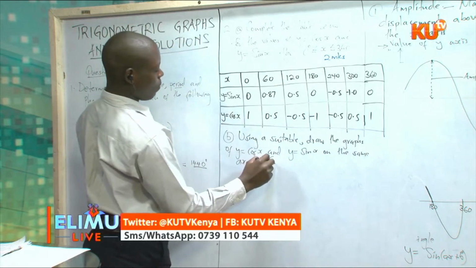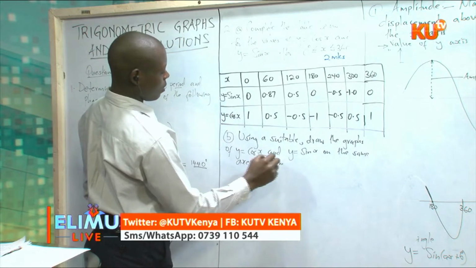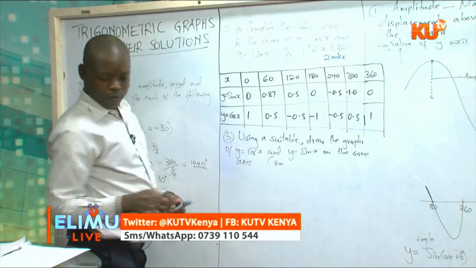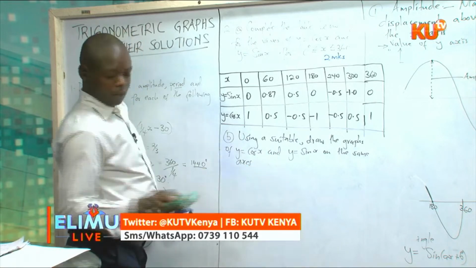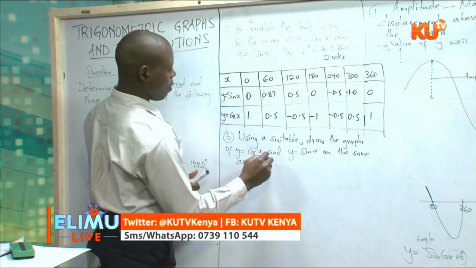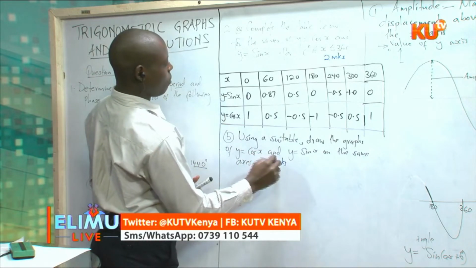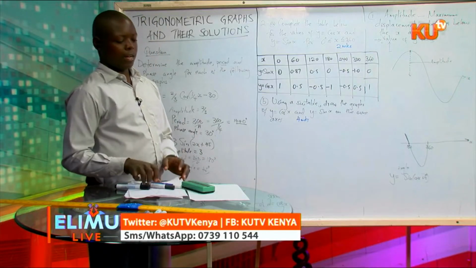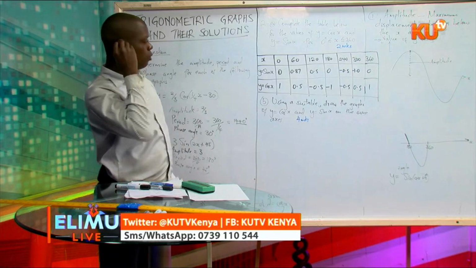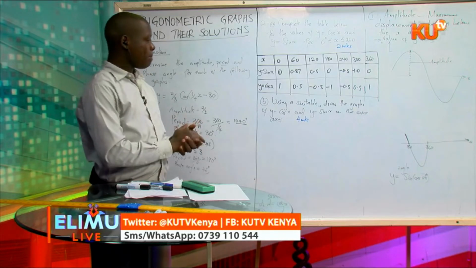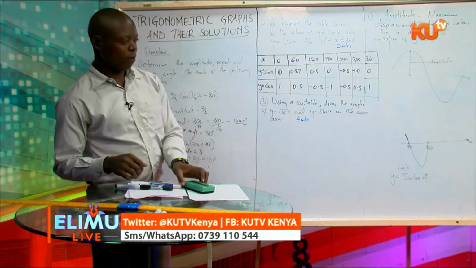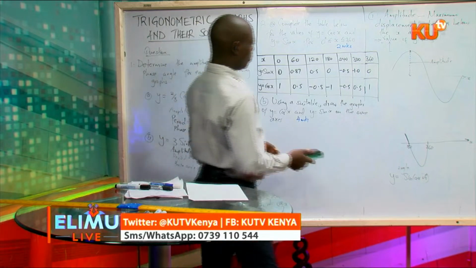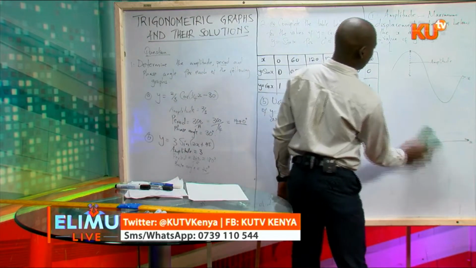And that will give you 4 marks. In this case, you've been given the option to use your suitable scale. And again, you must be able to know how to use a scale. That is covered in Form 1, topic we call scale drawing.